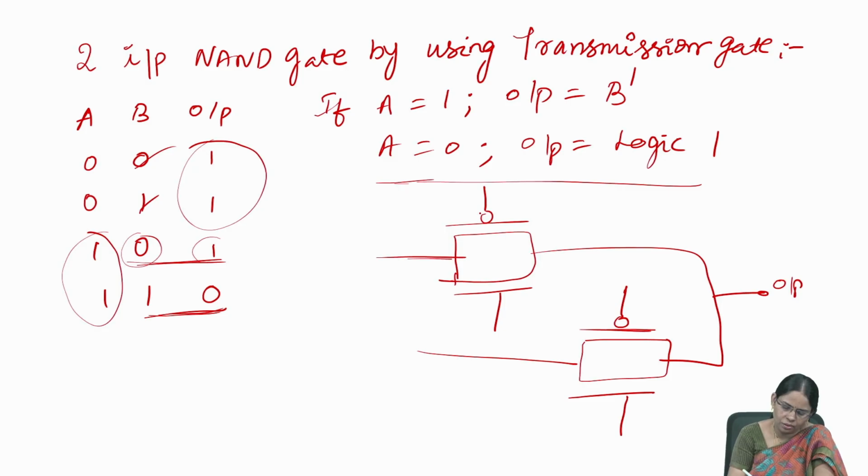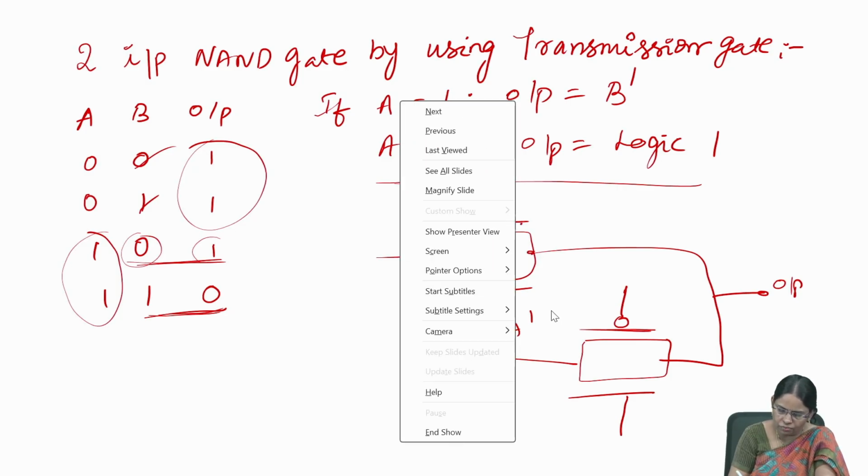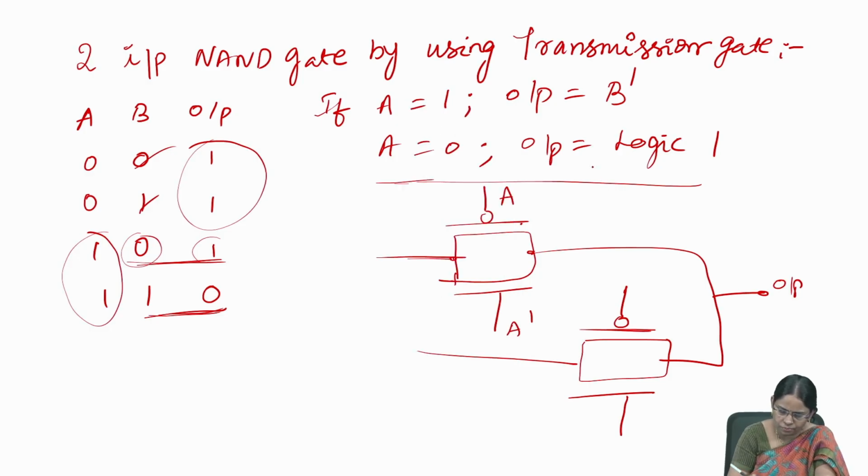Here, if A equals 0, output is logic 1. So I am giving A here, then obviously this should be A dash. Why? Because both should be reversed to each other, then only the data can be transferred from here to here. If A equals 0, this PMOS will be on. If A equals 1, this NMOS transistor will be on.